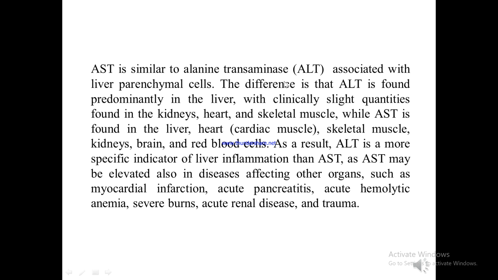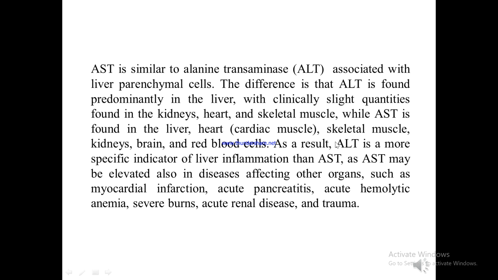But the difference is that alanine transaminase is found predominantly in the liver, with clinically small quantities in other organs such as kidneys, heart, and skeletal muscles, while aspartate transaminase is found in liver, cardiac muscles, skeletal muscle, kidneys, brain, and red blood cells in similar or low amounts.